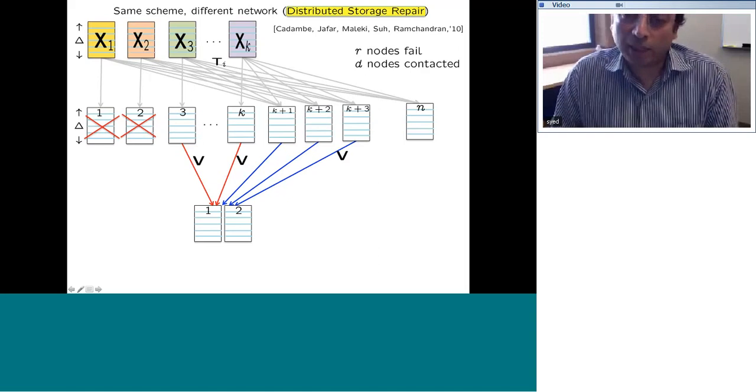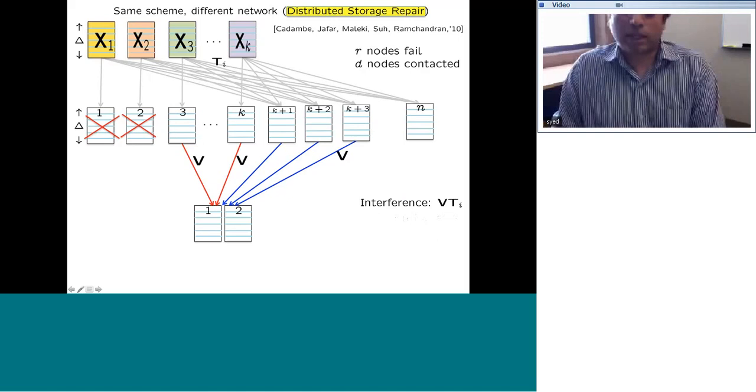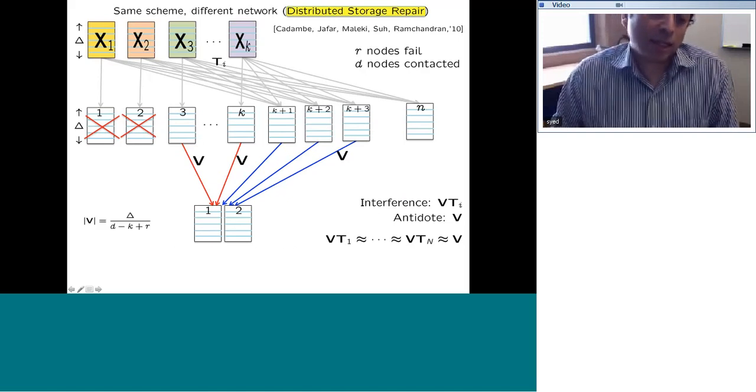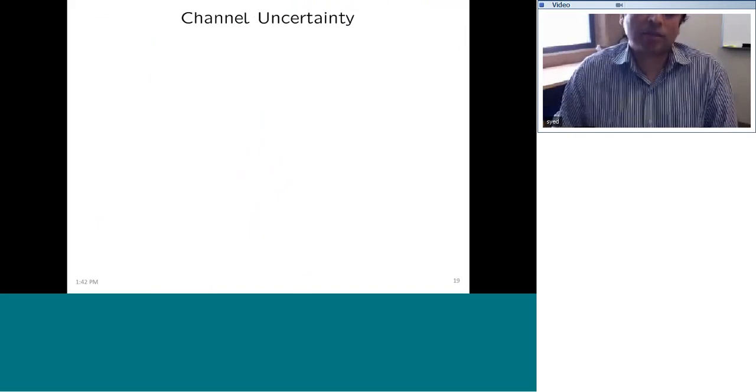But these linear combinations contain all the other information as well, which was not lost, which is not what you're trying to repair. So that is interference. And you want to minimize the span of the interference in the downloaded information so that you can have more information about the part that you're interested in. So again, don't worry about the details. It also leads you to the information theoretic optimal solution, and it's the same scheme as well.